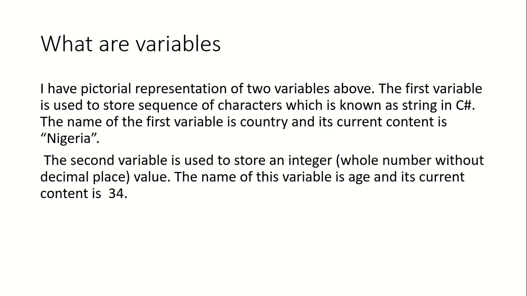The name of this variable is age and its current content is 34. Now what we are saying is that, for example, if we run our program, the content of variable country can change from Nigeria to maybe Cameroon. And then when we run our program, the content of age can change from maybe 34 to 99.